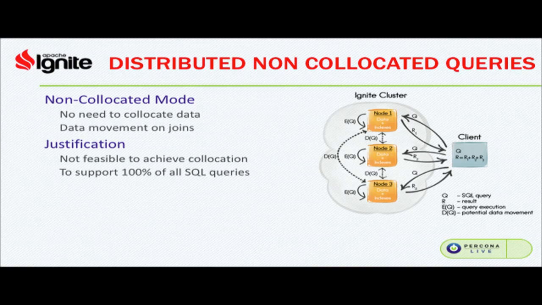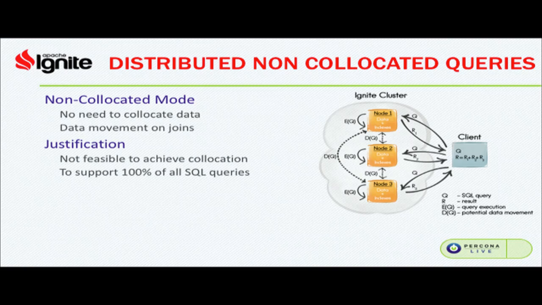The difference here is that when the query is executed on every individual node, and at the time we need to join some of the data sets, if a node sees that some of the data is missing locally, it might go to the rest of the cluster nodes asking for the missing part so that it can prepare its part of the result set and send it back to your application.